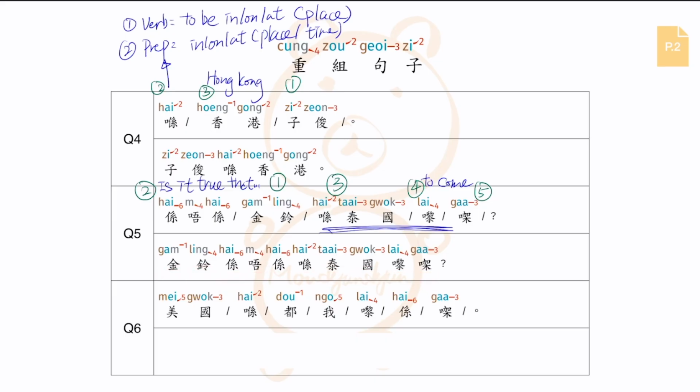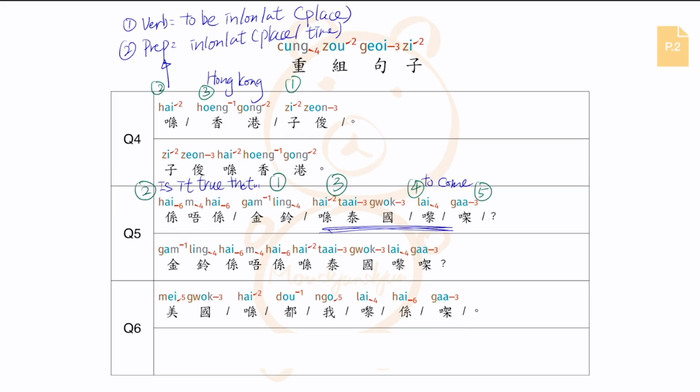Is it true that 金陵 came from Thailand? 第六題，美國喺都我嚟係㗎.